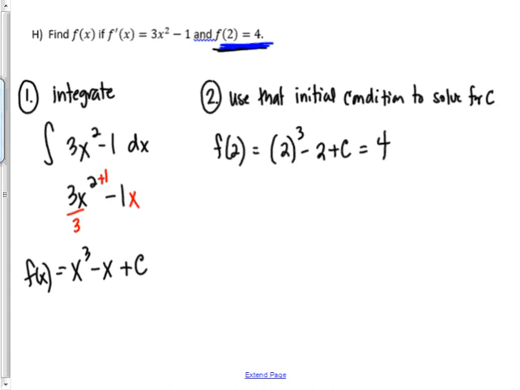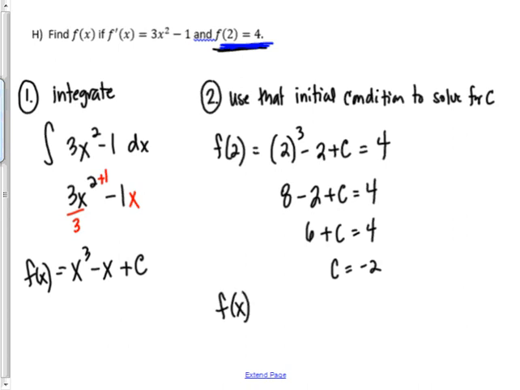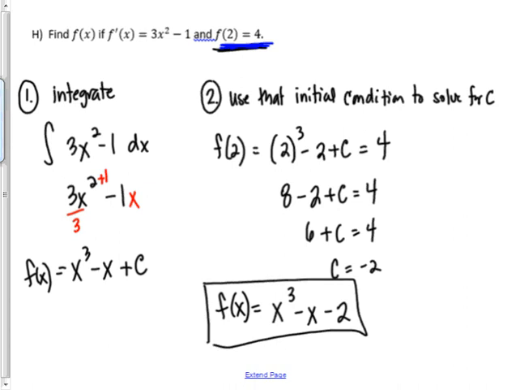So if I do that algebra out, I get 8 minus 2 plus c equals 4, or 6 plus c equals 4. And so c would be negative 2. So that gives me that the answer is x cubed minus x minus 2. And there is my f of x. All right, so make sure you go and try those problems and that work.